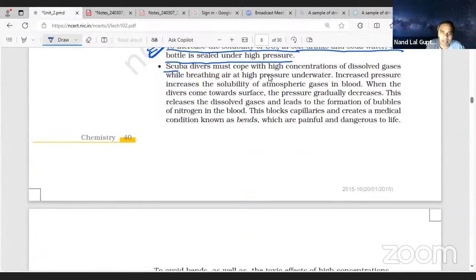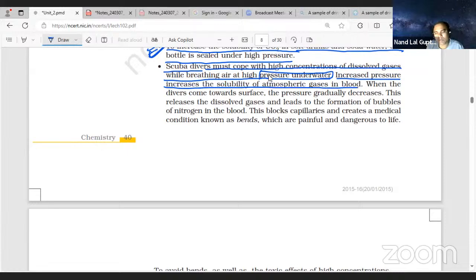Now, scuba divers must cope with the high concentration of dissolved gases while breathing under high pressure underwater. Increased pressure increases the solubility of atmospheric gases in the blood.